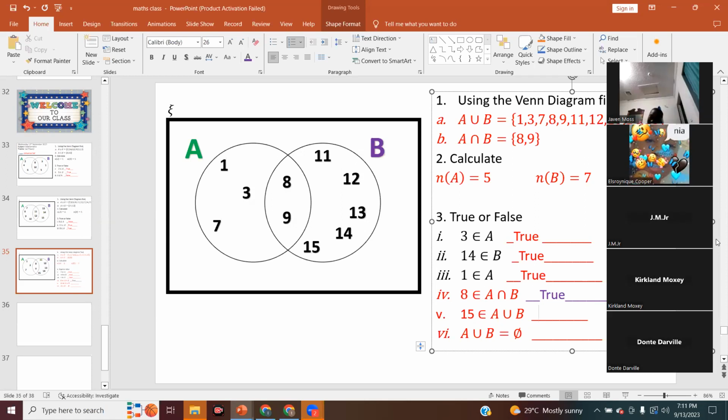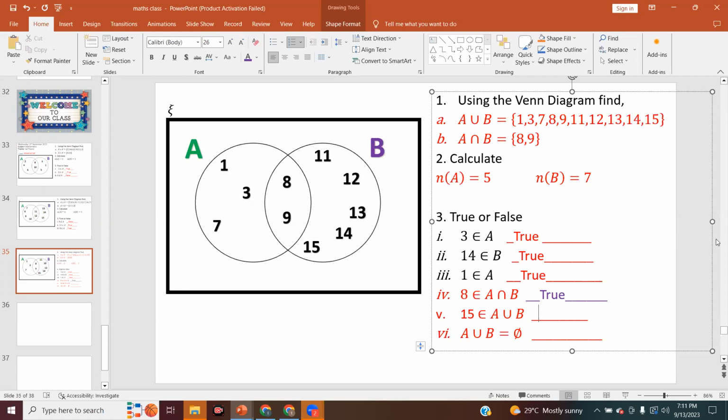I said true because 15 is an element in the union of A and B. Yeah, this is the union, isn't it? And isn't 15 right here? Right? 15 is right here. So 15 is in the union, right?